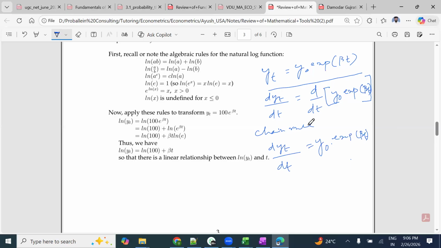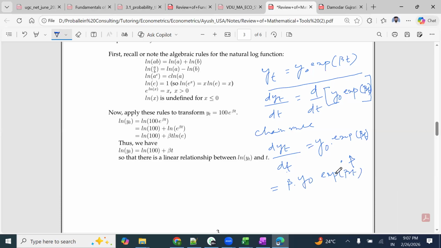Right, sir. That is beta, because we are differentiating with respect to t, correct? So that is how you got beta into y0 exponent of beta t.